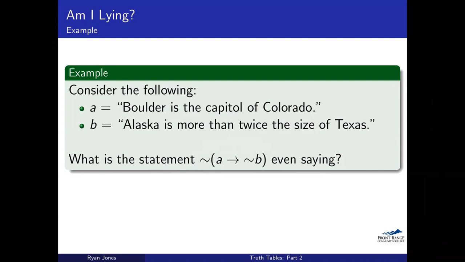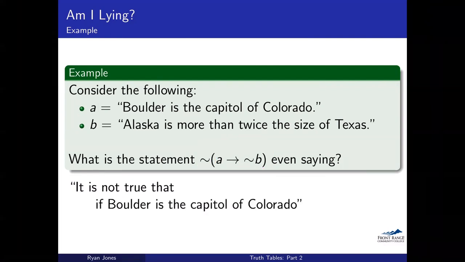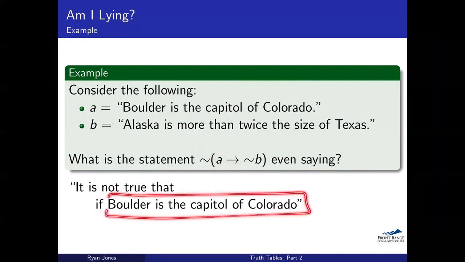We're going to end up making a truth table for this compound statement. Before we make that truth table, let's break this down. I start off with this negation right here, so in words, I'm going to start off saying it's not true that, and then go into the rest of this compound statement. It's not true that if A, so I've got my if-then, and I'm starting with A. A is everything that I'm highlighting in red there.